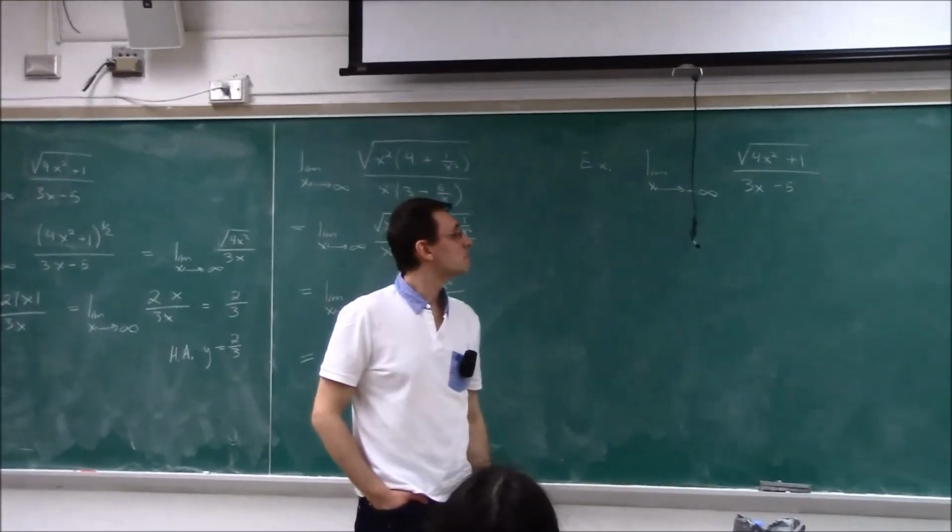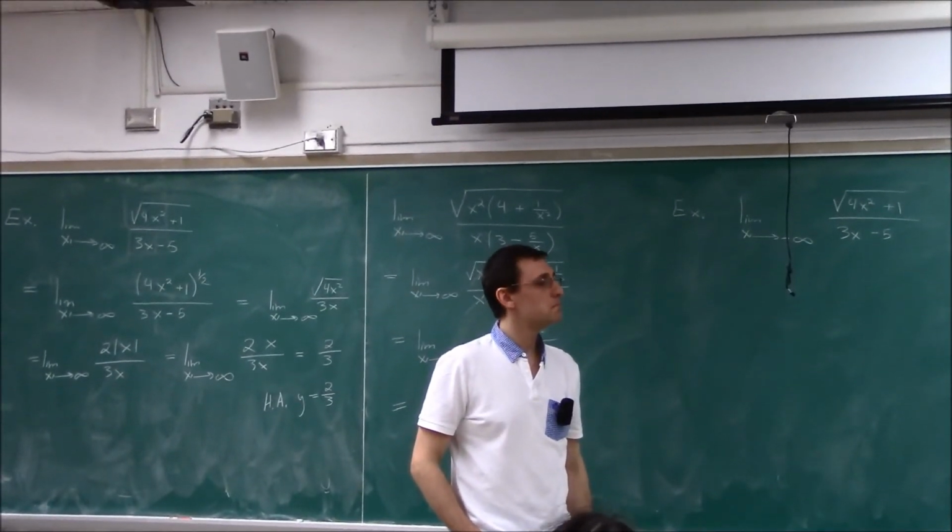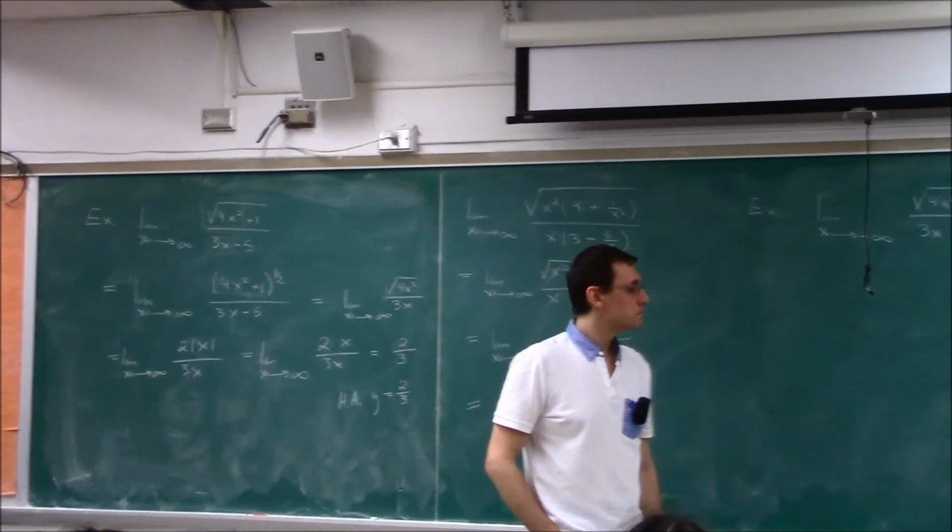Because since you have it squared and the square root, you can just get rid of it, and what you have left is negative x over x.